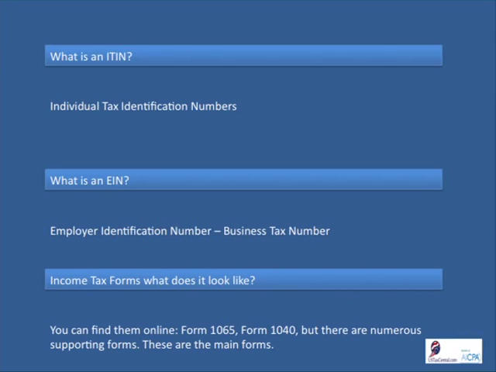Because with investment properties you are in business in the USA, the EIN is an equivalent of an ABN in Australian terms. The ITIN is an equivalent of a TFN.